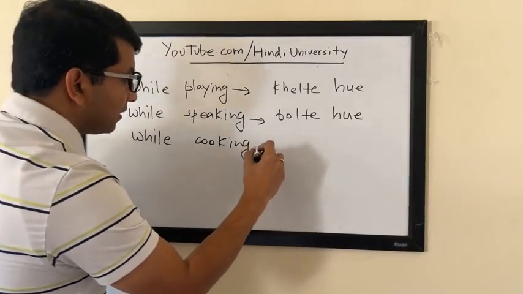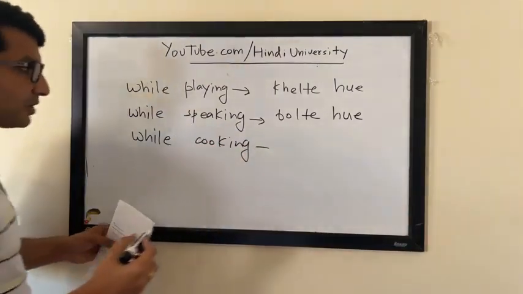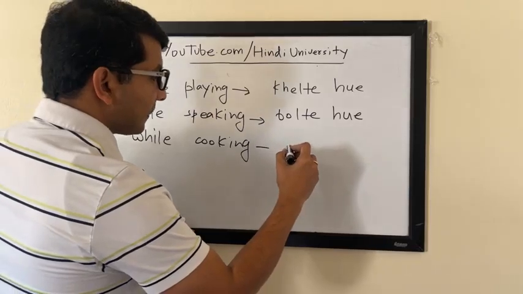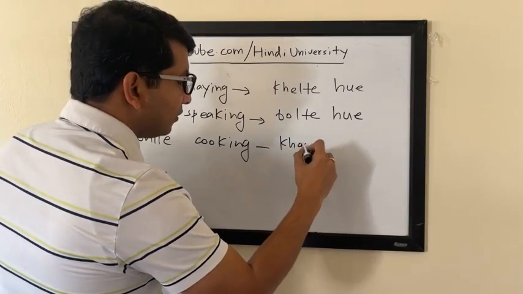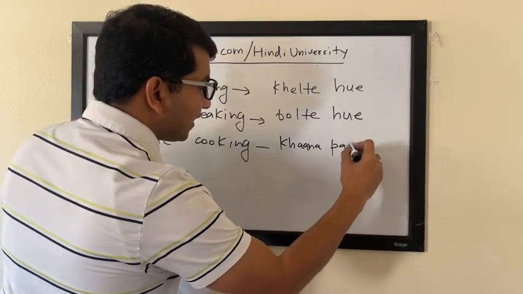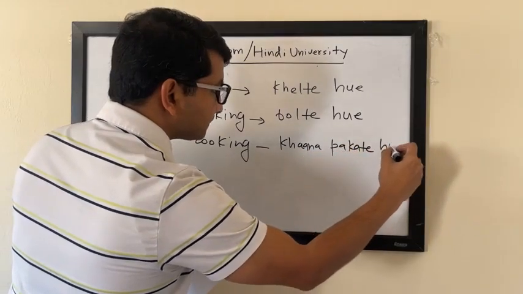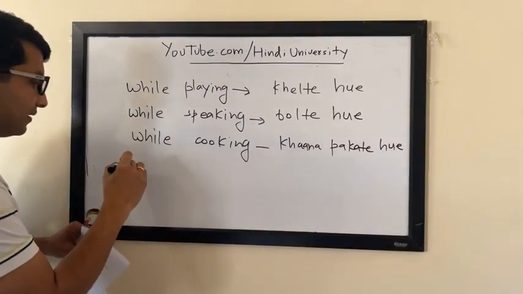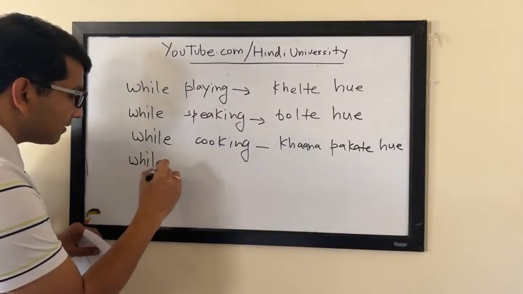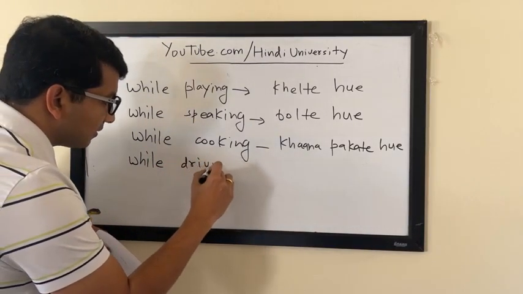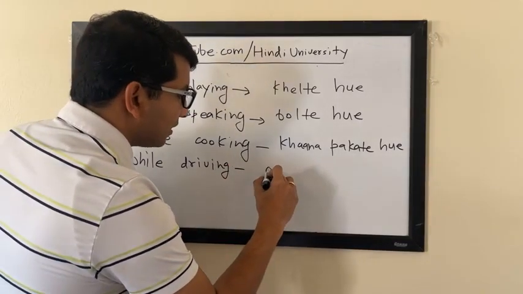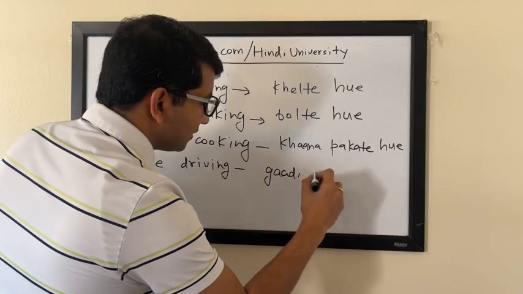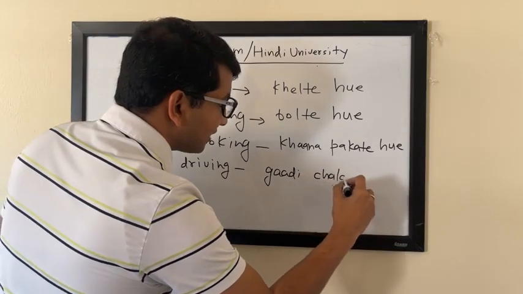Sharmila ji, if you are still there. पकाते हुए. Okay, खाना पकाते हुए while cooking food. Okay, while driving, Tyler. चलाते हुए. Okay, while driving a car, let's say गाड़ी. गाड़ी चलाते हुए.